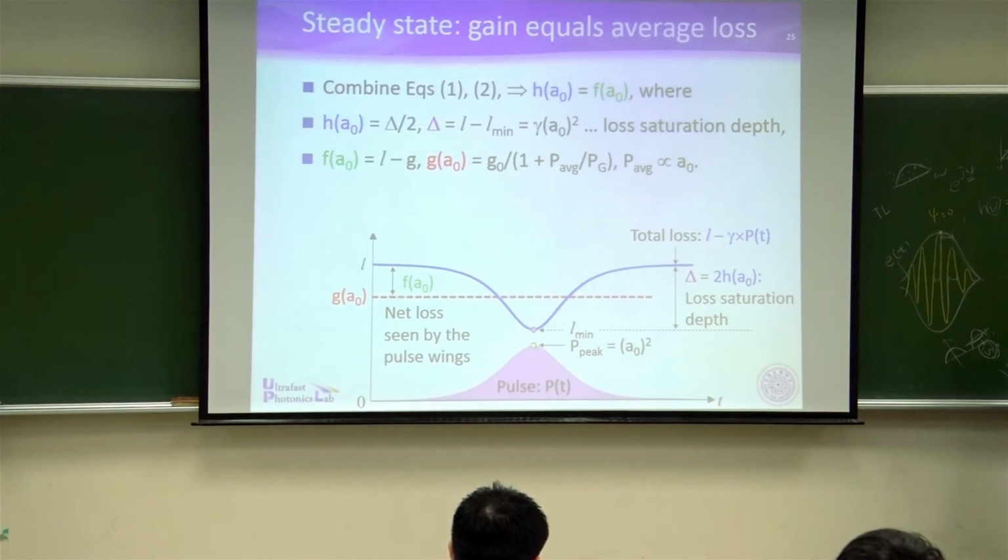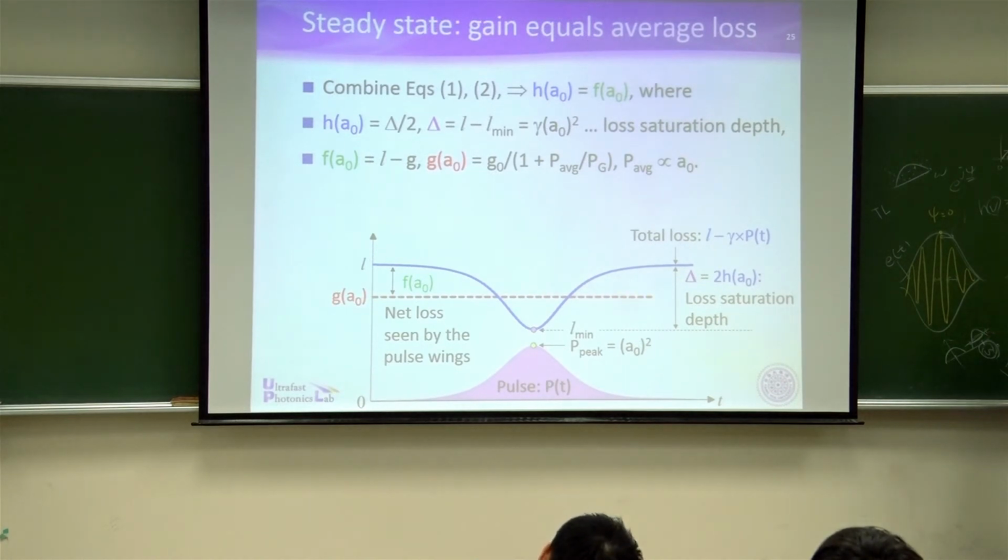steady state solution requires h equals f. So roughly speaking, this length should be 1/2 of this length. Or roughly speaking, the red dashed line has to cut through about the middle of the blue curve.